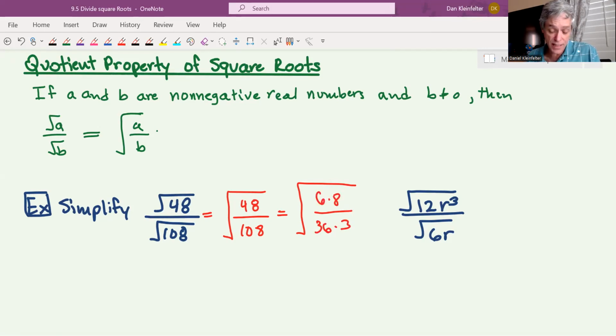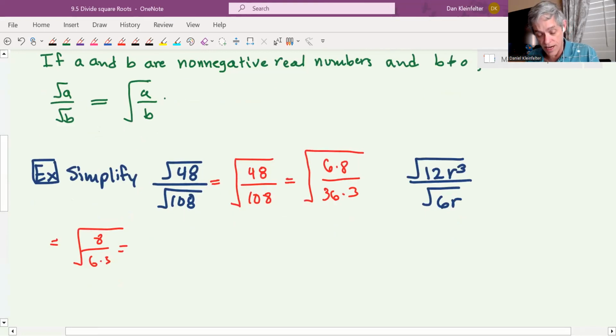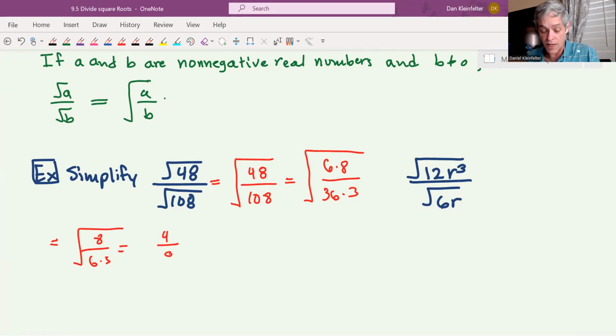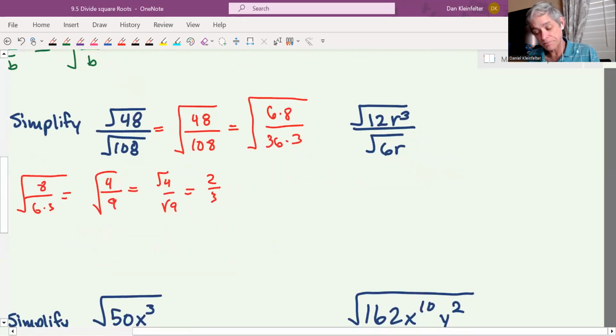So 6 and 36 have a common factor of 6 at least. So this will be the square root of 8 over 6 times 3. And then it looks like we have another common factor of 2, which can be divided out. So dividing that out, we'll have 4 over 9. And then simplifying that, that will be the square root of 4 over the square root of 9, and those simplify to be 2 over 3.